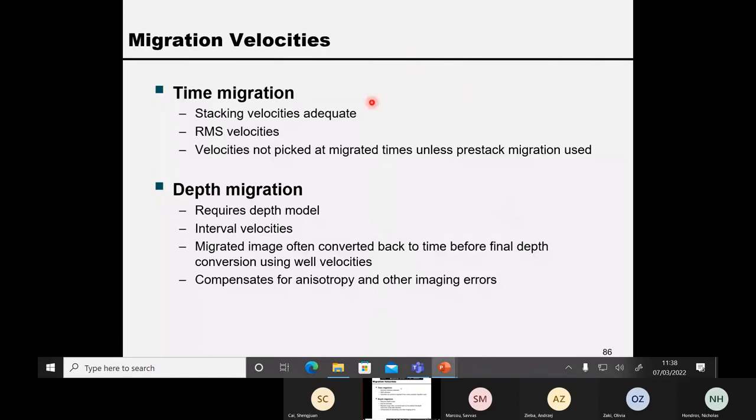For the migration velocity, we should do time migration first and then do depth migration, right? Because time migration can use a smooth velocity model and then gradually refine that, get a more detailed velocity model. So in time migration, you start from the stacking velocity, NMO velocity, and NMO velocity is equivalent to RMS velocity.